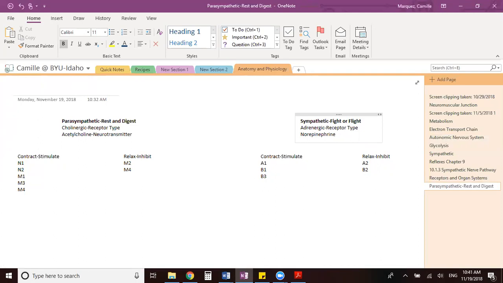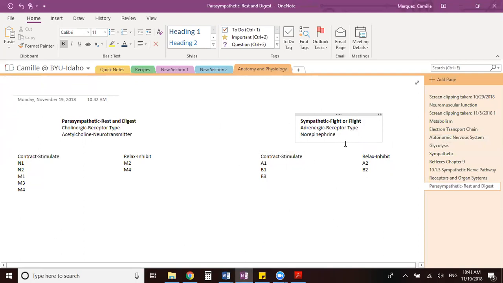The first three words on there are words that tip me off on what we're talking about. If a word problem talks about parasympathetic or cholinergic or acetylcholine, I know we're talking about parasympathetic, so I know we're going to use receptors on this side. Any answer that has alphas and betas in it, I know is wrong, so I can mark those off.